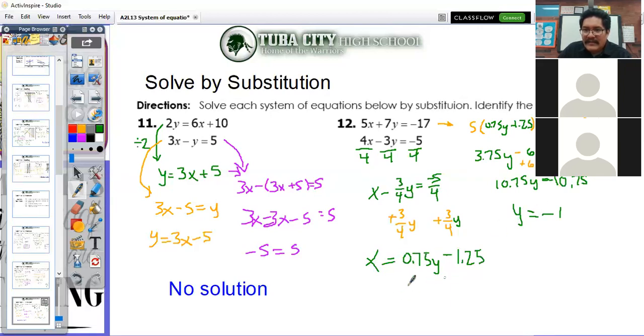So if I times it by -1, that's going to make this negative 0.75y minus 1.25. And there's going to be no y because I just multiplied it by -1.